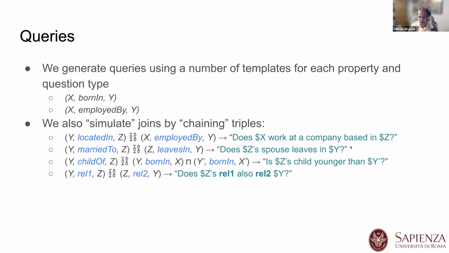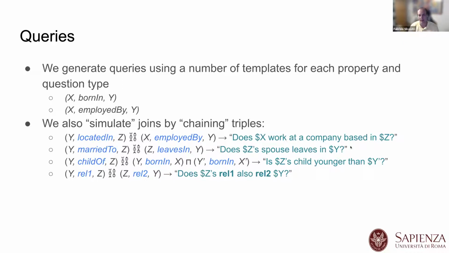Queries can be as easy as when X was born, so when Ricardo Baeza-Yates was born, or where does Usama work? These kinds of queries implicitly describe triples such as X born in Y or X employed by Y.